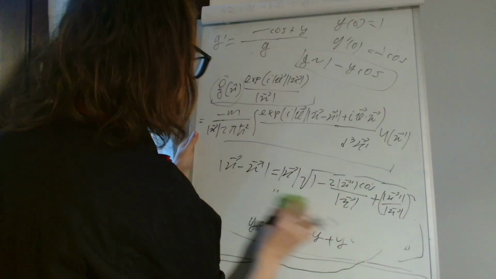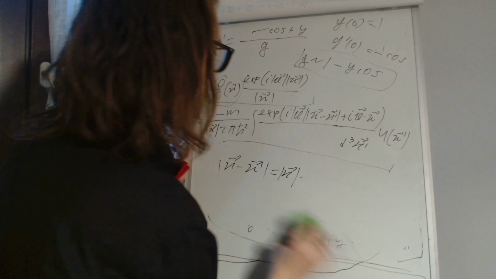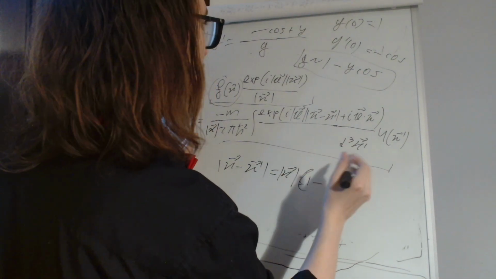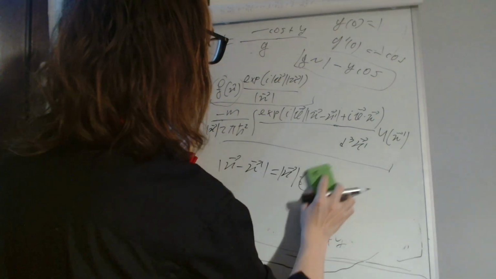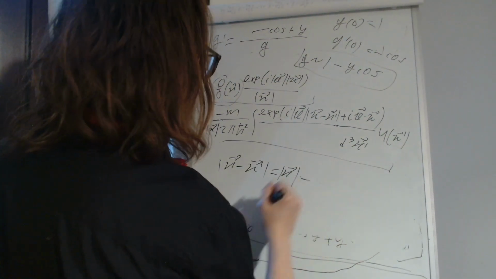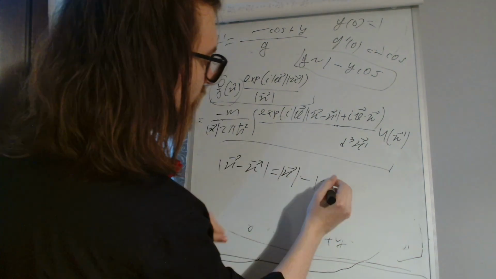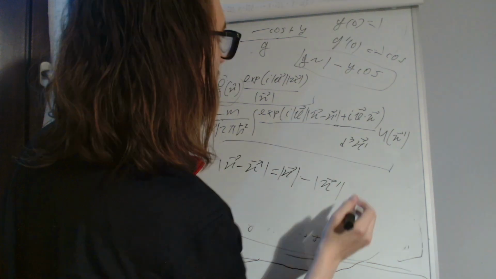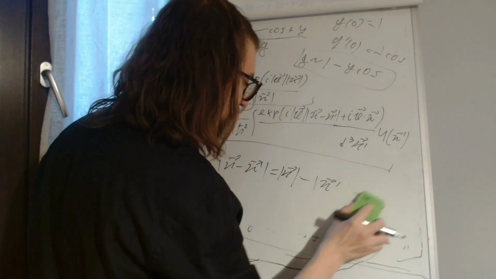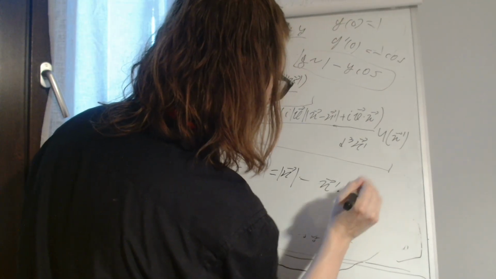And so this is about the modulus of x times 1 minus y cosine, and the y is the ratio I had written before, so multiplied by the modulus of x, it is x prime, and then we have the cosine, so we can write this as x prime dot product the value x.